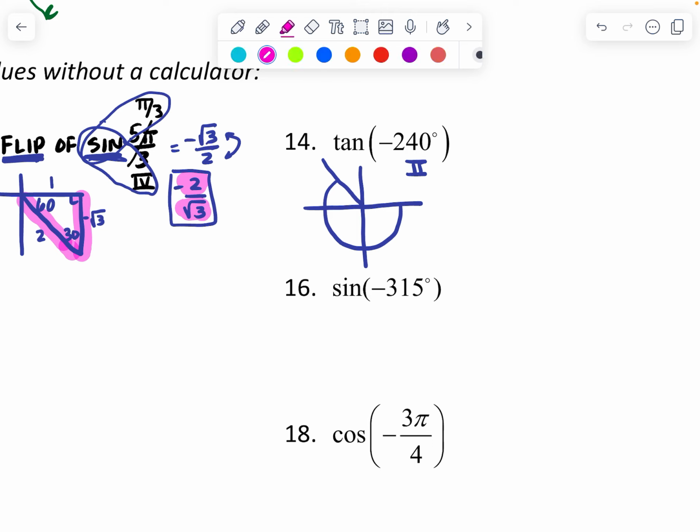But now I need to find out what my reference angle is. Remember, that's formed by the terminal side and the x-axis. And that always forms 2 angles, one obtuse one, one acute one. I always want to pick the acute one. So how big is that guy going to be? Well, I know from here to here is 180. And then to get to 240, I need to go 60 degrees more.